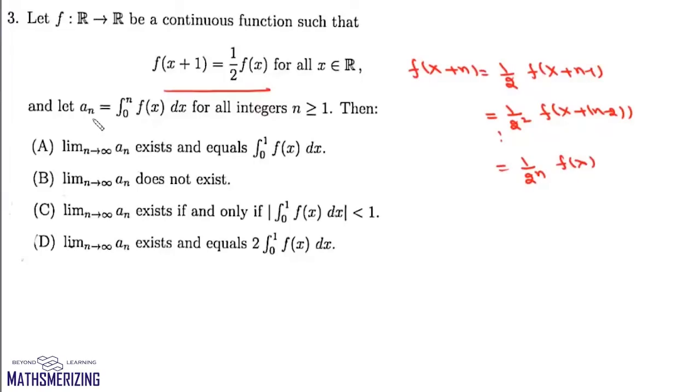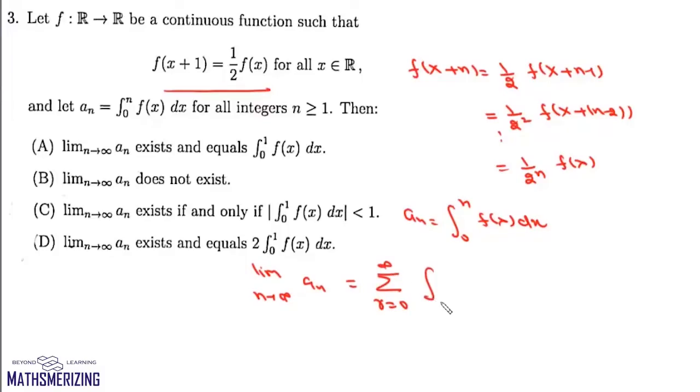Now we need to find this integral a_n, which is from 0 to n of f(x) dx. Now we need to find this limit n tends to infinity of a_n, which is the summation r varies from 0 to infinity of the integral from r to r+1 of f(x) dx.